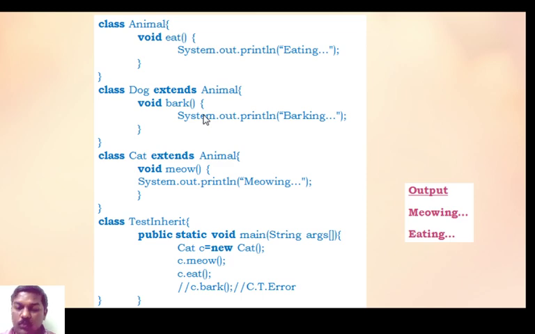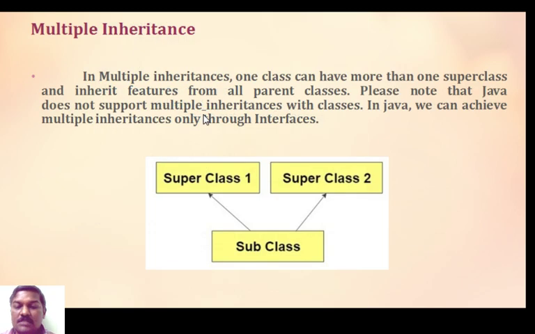Now we move on to the next concept called multiple inheritance. Let me explain the basic concept. One class will have more than one superclass and inherit features from all parent classes.